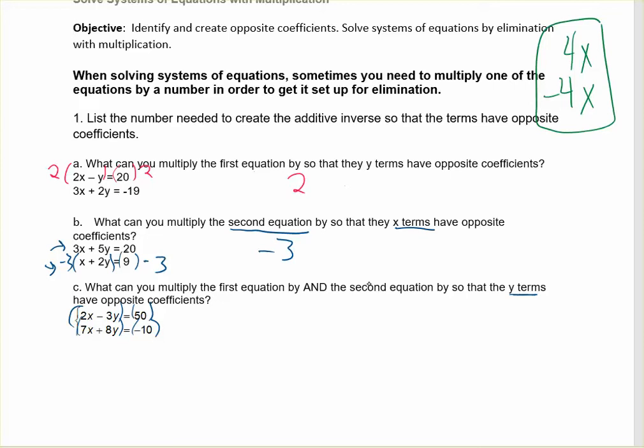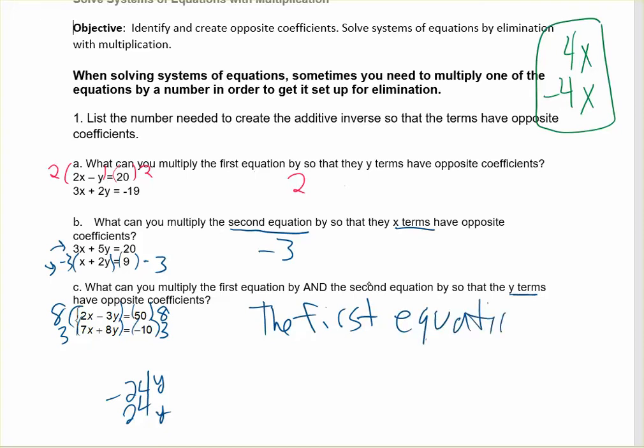What could we multiply negative 3 by to get negative 24? We can multiply by 8. 8 times 3 is 24. And I can multiply the bottom one by 3, and that would give me a positive 24. Those would both be y's. So the first equation should be multiplied by 8.